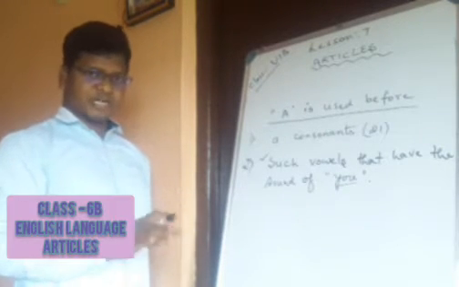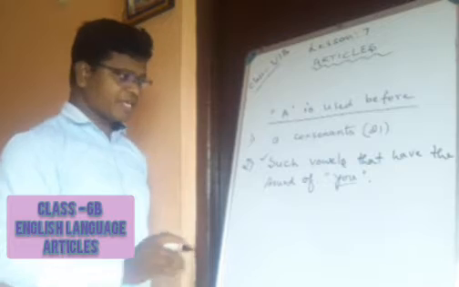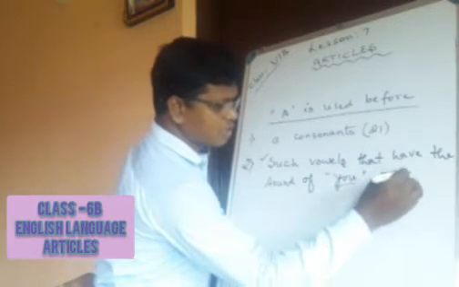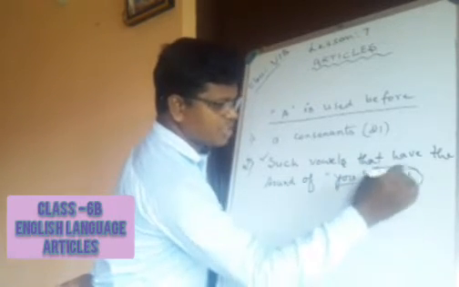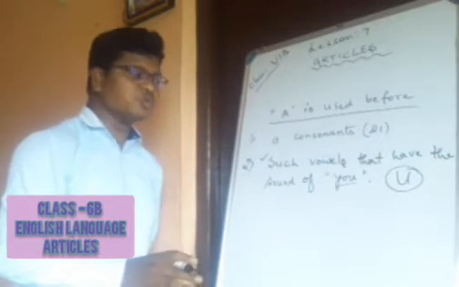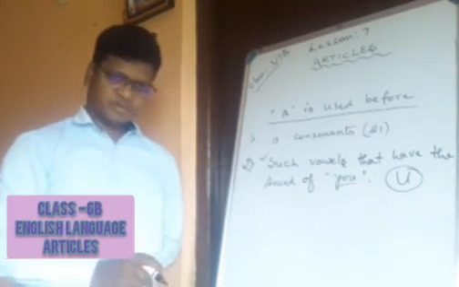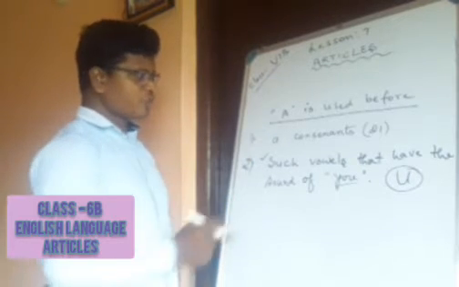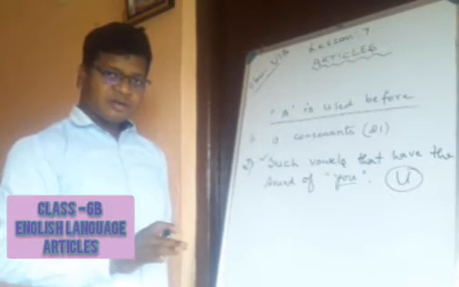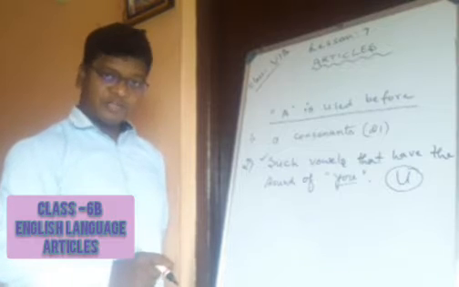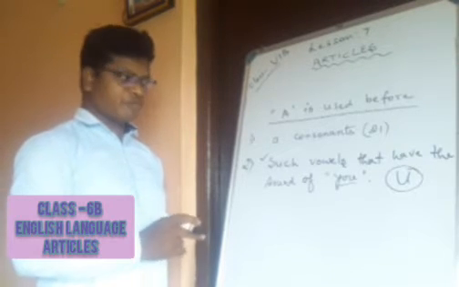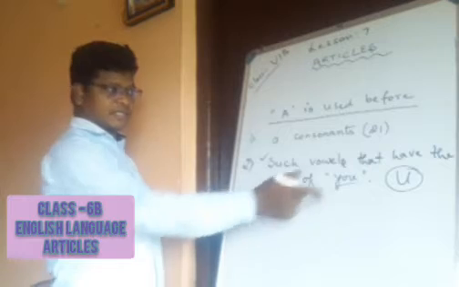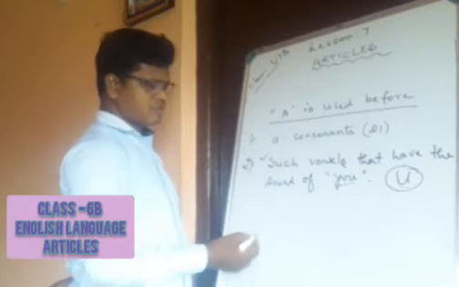If there are any words which sound like U, like this capital letter U, even though the word starts with a vowel, according to the rule, what do we know? Any word that starts with a vowel letter, we write an before it. But what do I say here? I say a totally different thing.